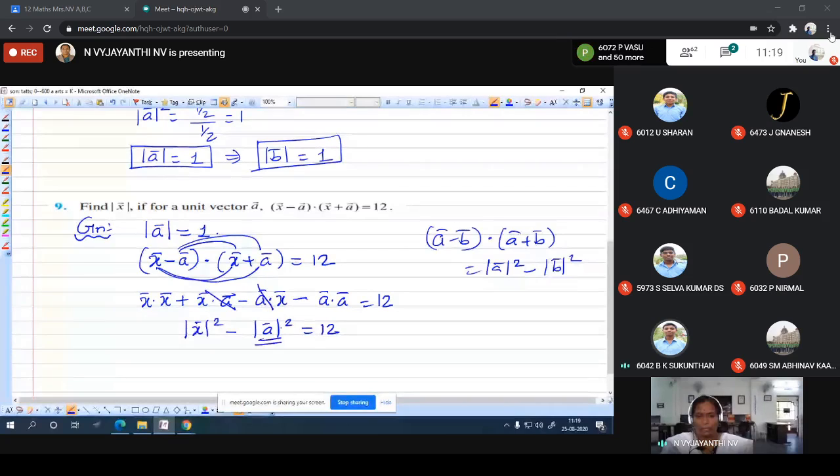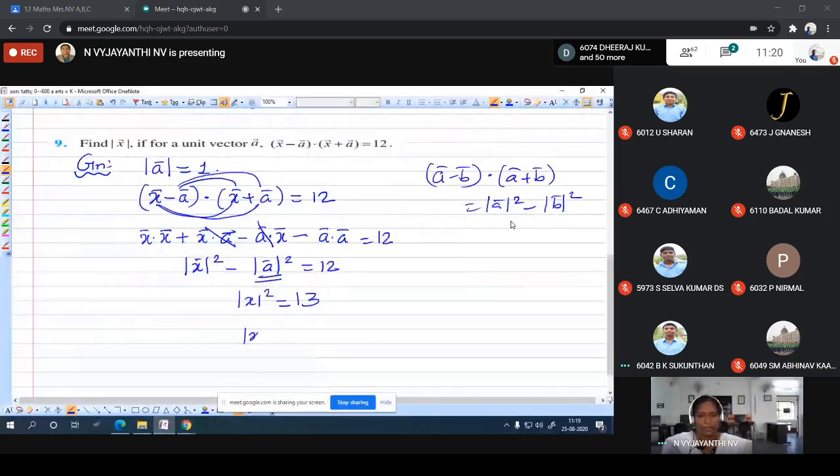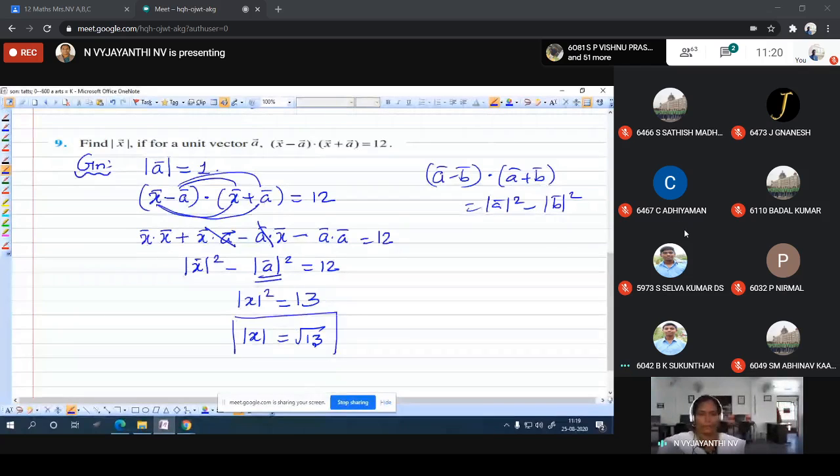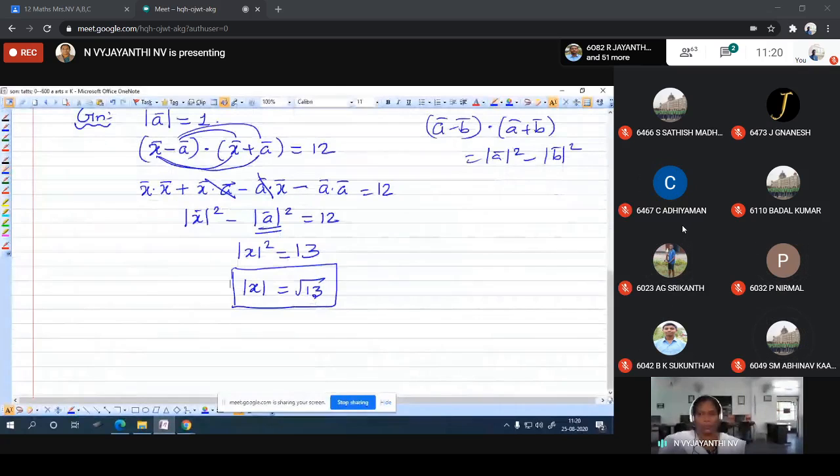So modulus of x square equals 12 plus 1, 13. So modulus of x will be equal to square root 13. Can it be minus root 13? No, ma'am, modulus. No.